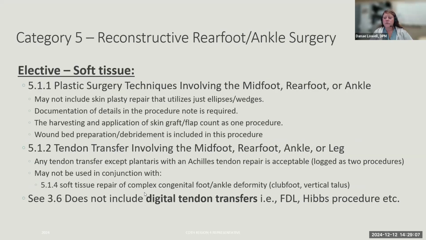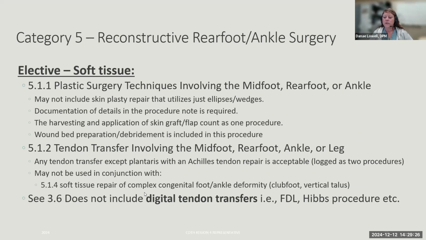We begin with elective soft tissue, where 5.11 plastic surgery techniques are logged. This is all-inclusive of the wound bed prep, harvesting, and application and does not include simple skin plasty repairs such as ellipses and wedges.